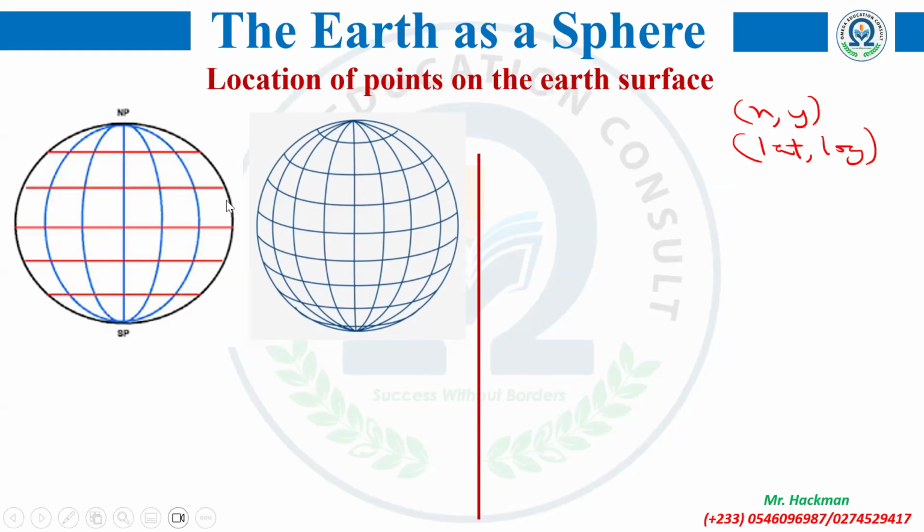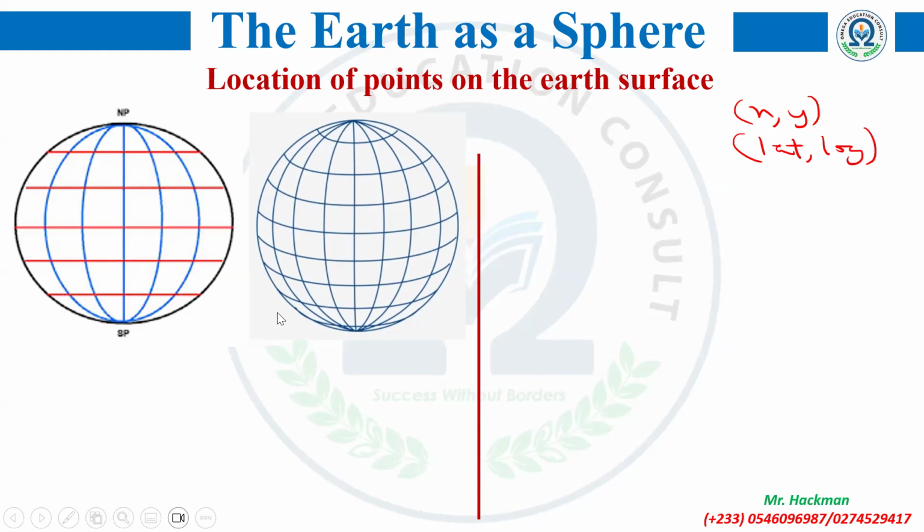So in this case, you can see that these ones are moving like the x-axis. Are you with me? They are moving like the x-axis. So it means indirectly your x coordinates will be represented by the latitude, because the ones moving like the x-axis are the latitude.